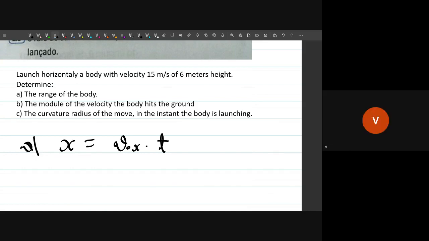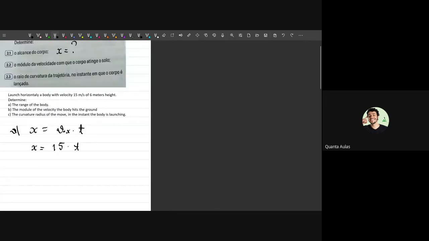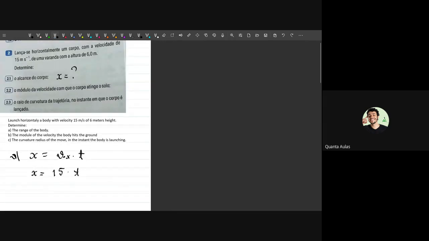Yeah. And we have the velocity. We need to know the time. And like the other problem, you can use the Y equation. Okay? Just like the other question.